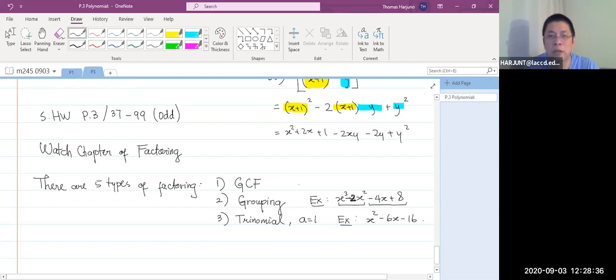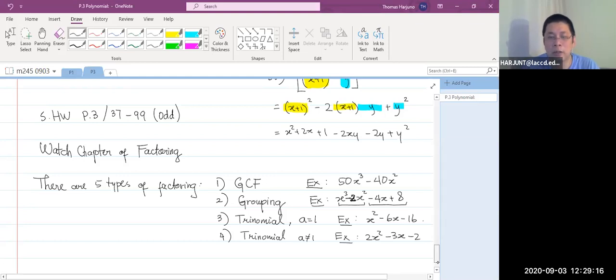And the first one, greatest common factor, for example, suppose you have 50x cubed minus 40x squared, then the common factor is 10x squared. And then type 4, trinomial with leading coefficient not 1. For example, 2x squared minus 3x minus 2.